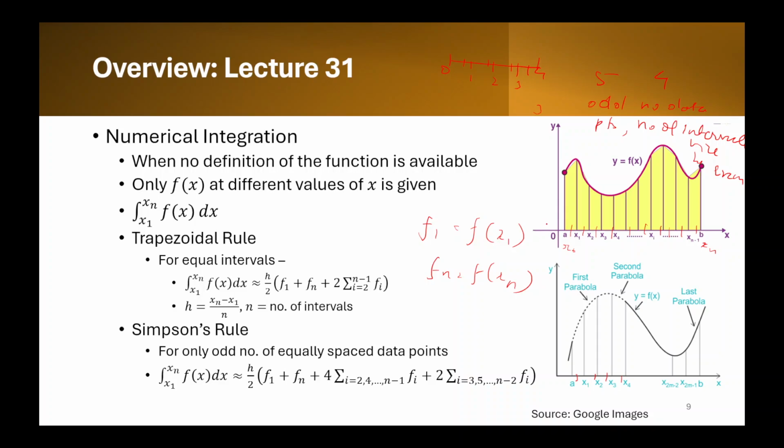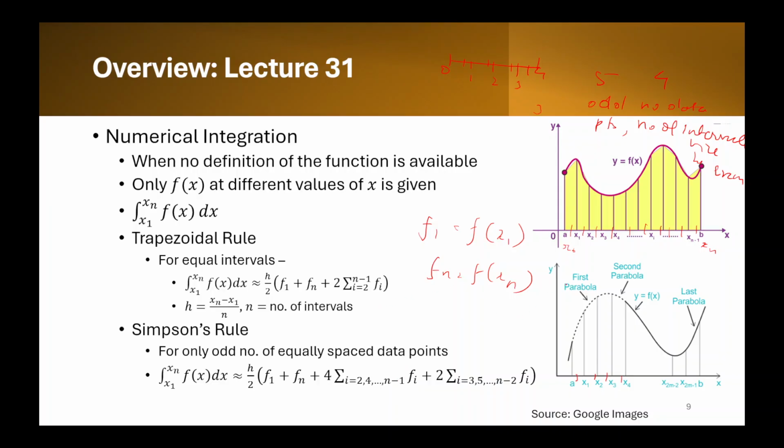The number of intervals, or the terminology can be sub-intervals. So the area under the curve using Simpson's rule is h by 3 into (f1 plus fn, plus 4 into fi, which has all the even-numbered data points, plus 2 into fi, all the odd-numbered data points till n minus 2), and this is till n minus 1.